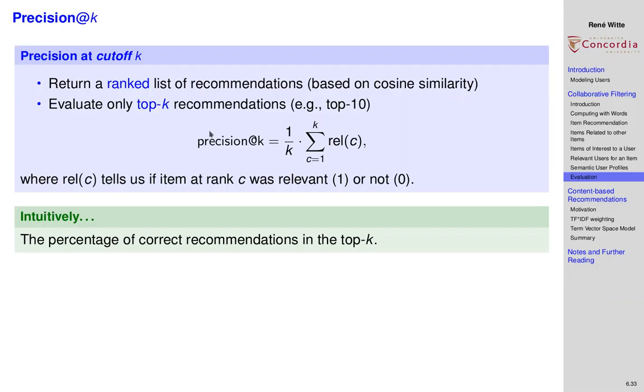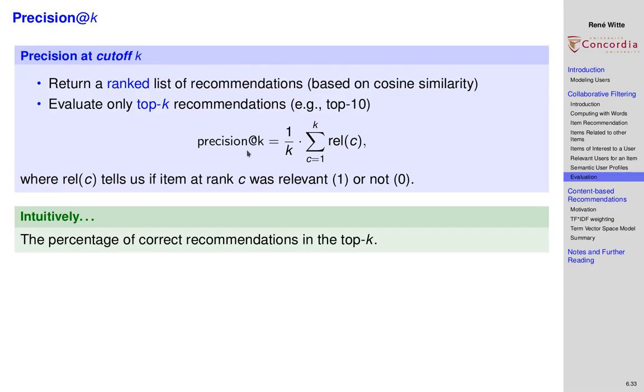So this is why this precision at cutoff k is very important for recommender systems, because here the good recommendations have to come high in the list that it shows you, and not at the very end of the list.